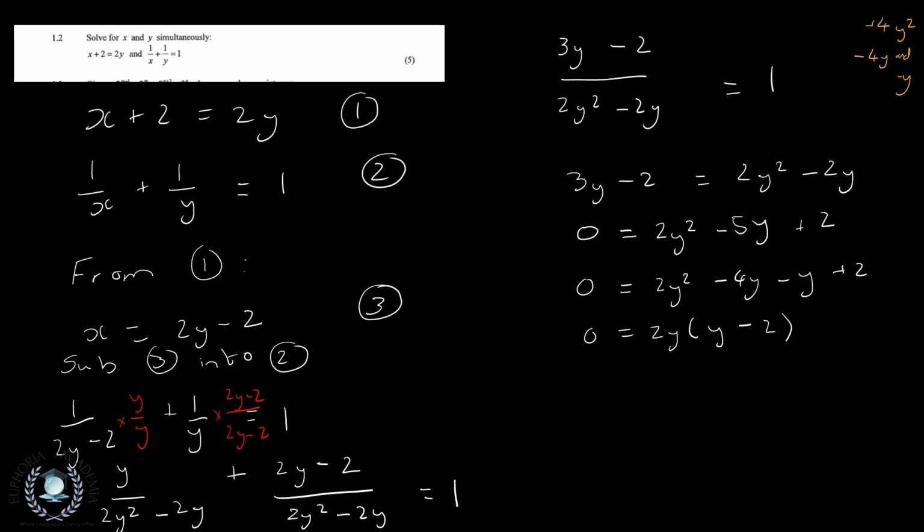We take out a minus 1, and we see that we have a y minus 2. To factorize, we have a common factor of y minus 2, and we're left with 2y minus 1.